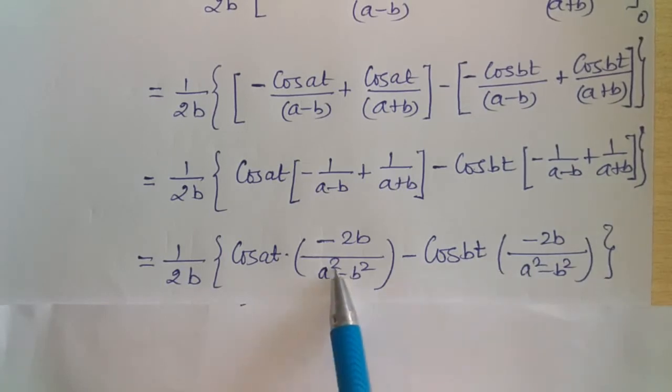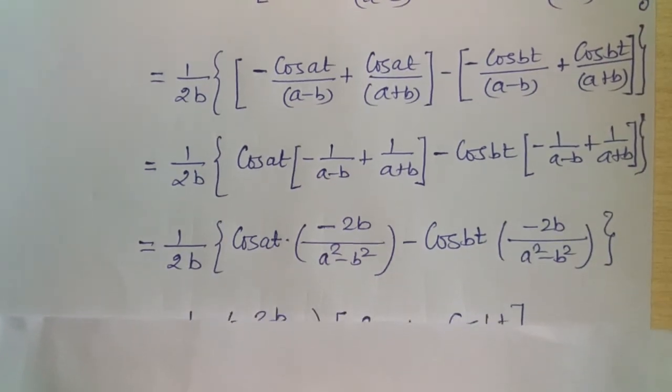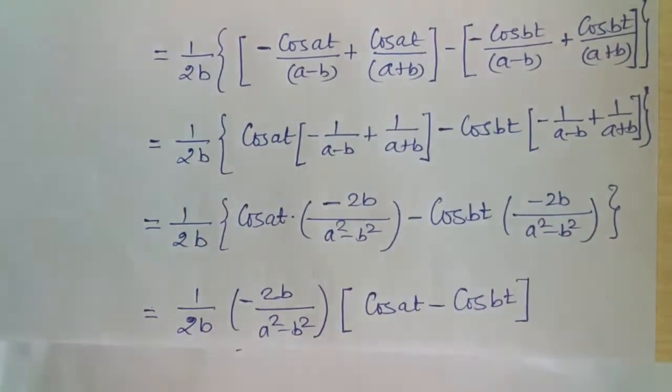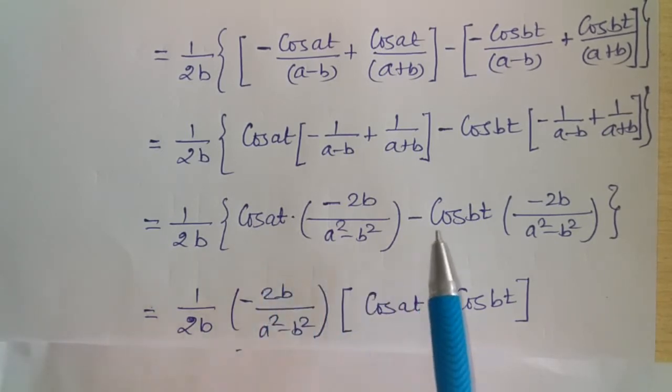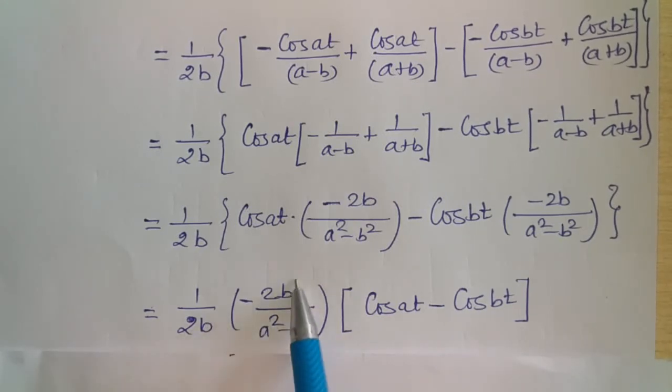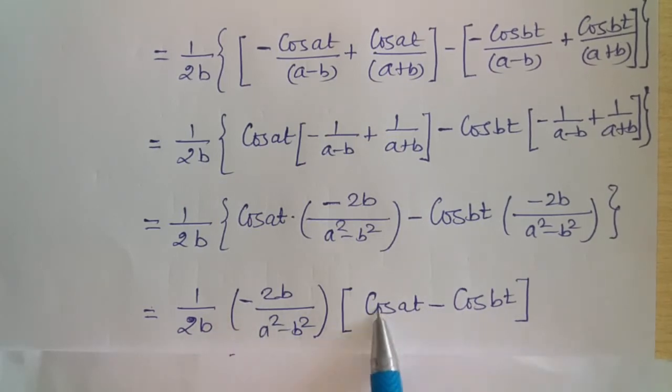So this whole expression is common, so we get 1 upon 2b, constant multiple as it is, minus 2b upon a square minus b square common, we get cos at minus cos bt. Here 2b to 2b cancel, and this negative sign we multiply in this bracket.